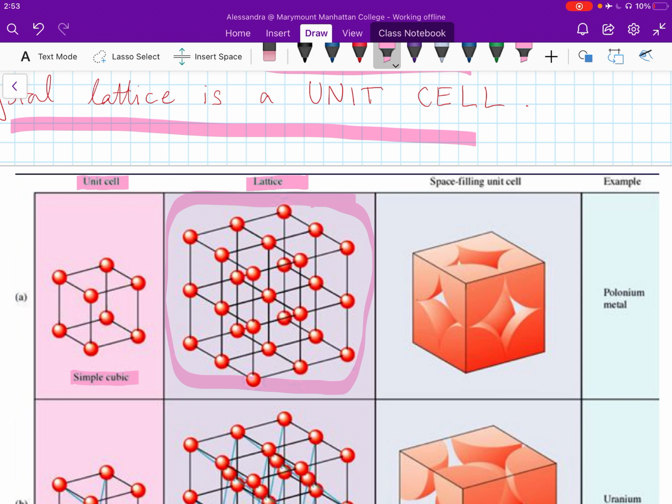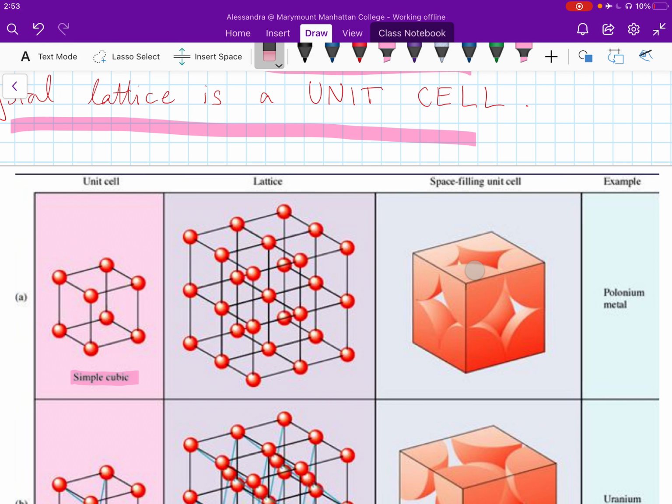What these images on the left are showing you are cartoons of what the unit cell looks like here and here. In reality, the atoms are fairly close to each other. So this cartoon of this space-filling unit cell gives you a better idea of what it actually looks like if you cut away all the parts of the atom that are not included in the unit cell.